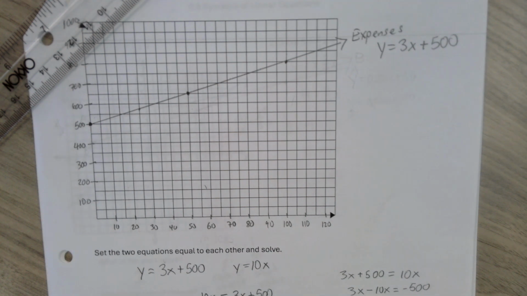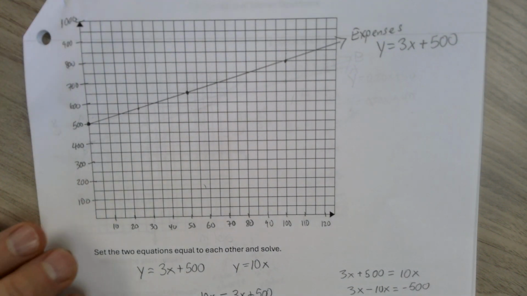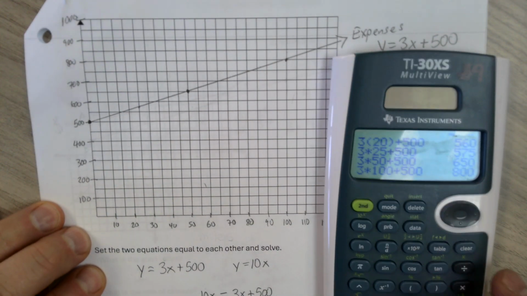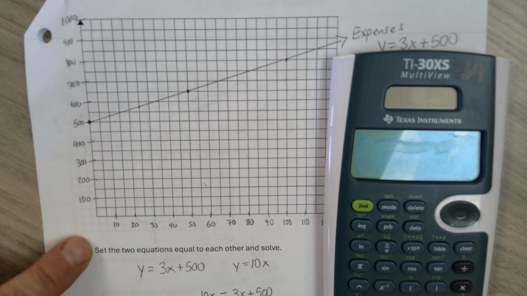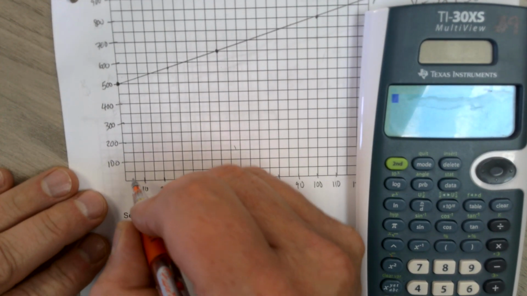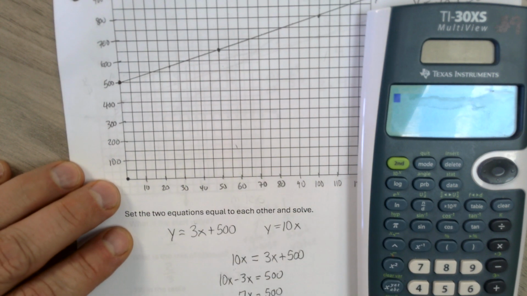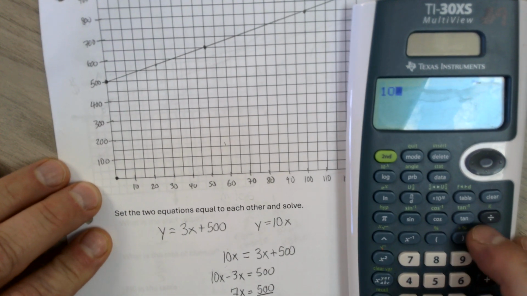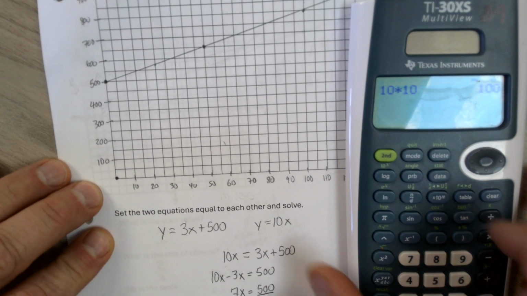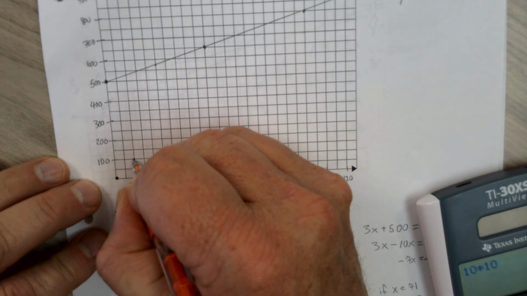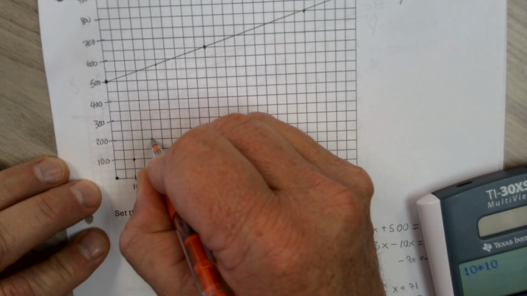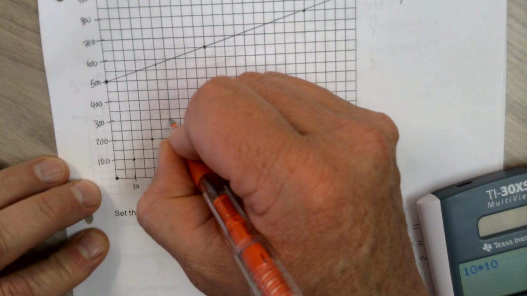My income line was just 10x. So that one's pretty easy, right? So we start here at 0, 0, right? If I have 0 bears, that's $0. What if I did 10 bears? So 10 times 10, that's 100. So at 10 bears, that's 100. At 20 bears, that's 200. At 30 bears, that's 300.